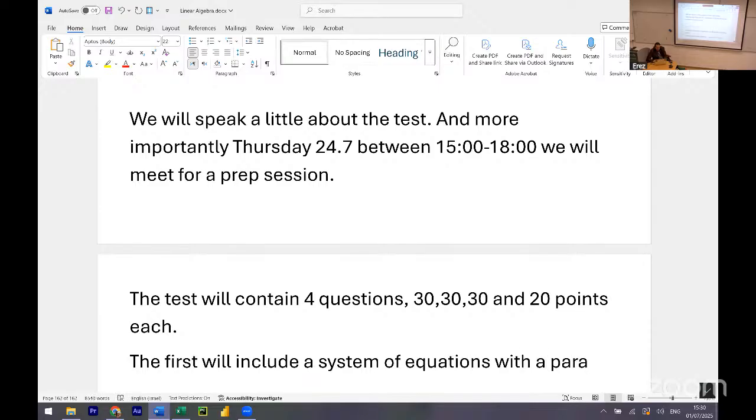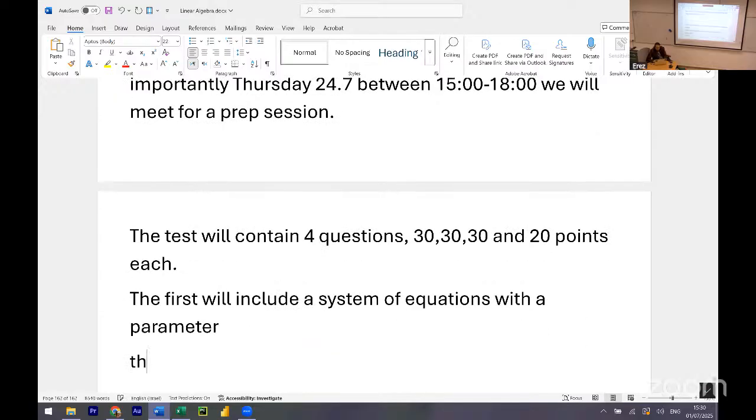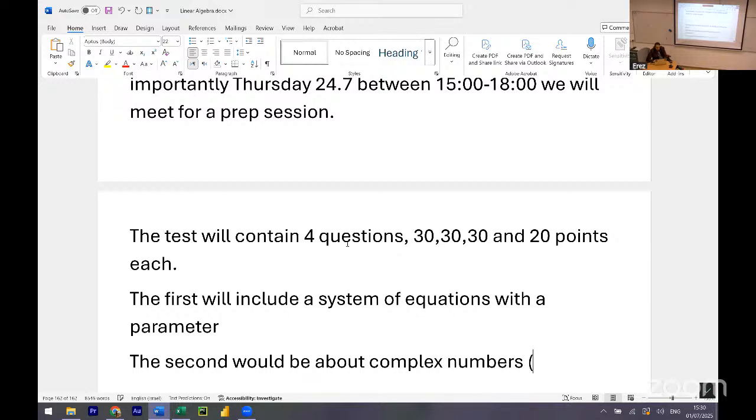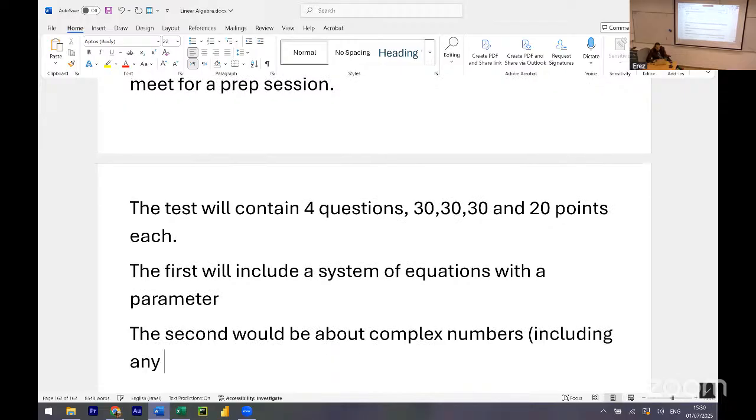The second would be about complex numbers, including any other subject, which means I could do just complex numbers, system of equations with complex numbers, vector spaces with complex numbers, whatever.